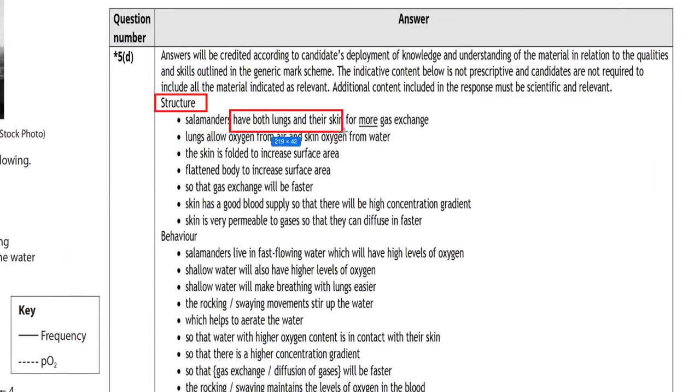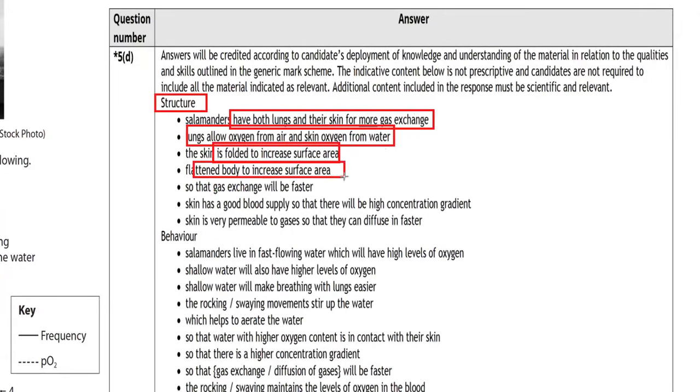The idea of having both lungs and skin allows faster or more gas exchange. Lungs will take oxygen from air and skin oxygen from water. So two sources. The skin is folded, remember, it's considered a structure to increase surface area. The flattened elongated body increases surface area as well, so gas exchange will be faster.